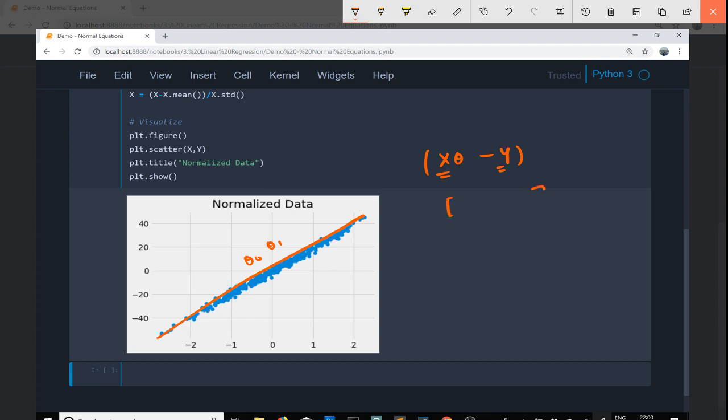This can be written as (x theta minus y) transpose times (x theta minus y), and we saw that when we take the derivative of this and equate it to 0, we get theta equal to (x transpose x) inverse times x transpose y. I'm going to use this formula for computing the right set of parameters theta for my line.